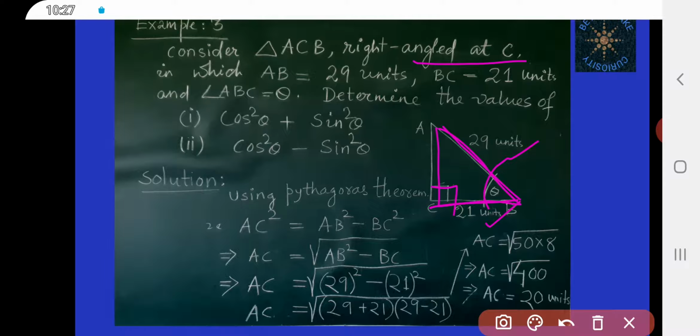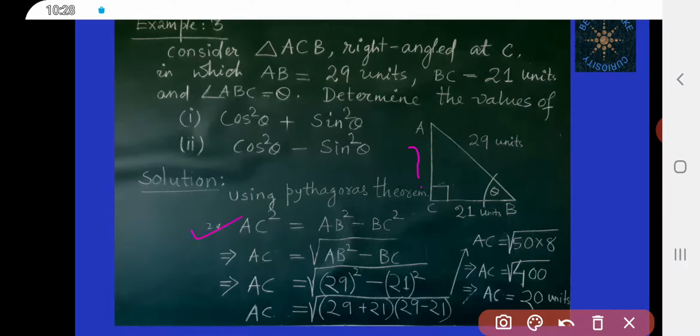Okay, first we have to find the length of AC. Then we find the trigonometric ratios like cos theta and sin theta. After that, we can find cos square theta plus sin square theta and cos square theta minus sin square theta. So first we find this side AC, using the Pythagoras theorem.